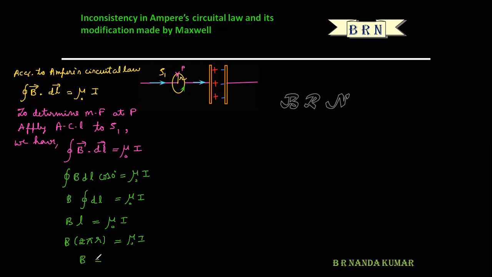So the magnetic field at this point P is exactly equal to mu naught I divided by 2 pi r. This is the magnetic field at the point P.